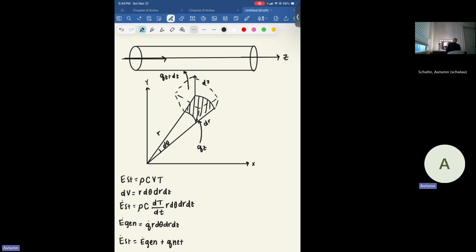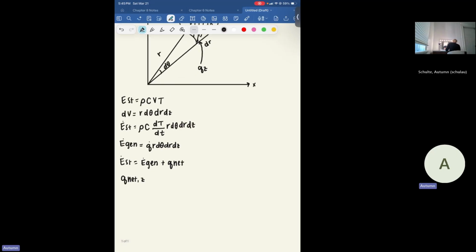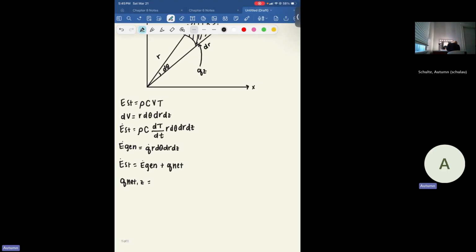We have to take into account that later z position that we are at. So this is going to be the heat flowing in minus the heat leaving. So Qz, our heat flowing in, minus Qz+dz, the heat flowing out.